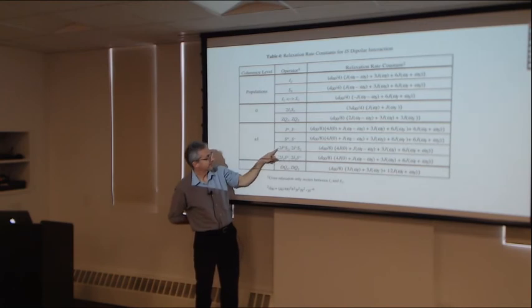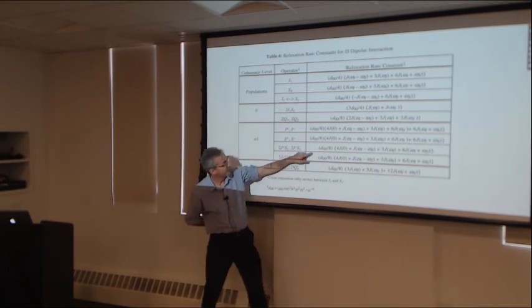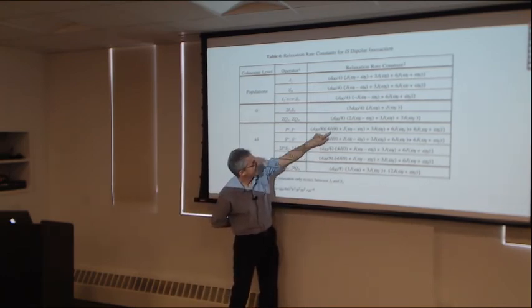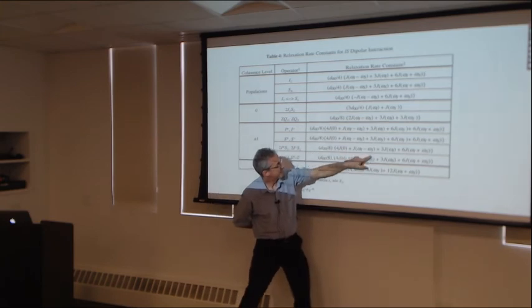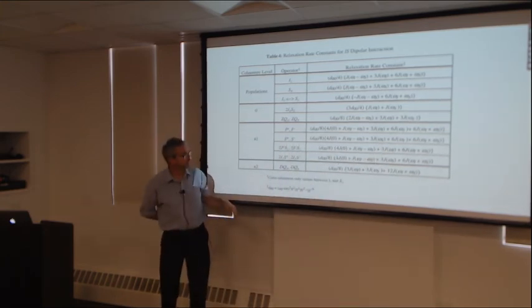Here is relaxation for in-phase transverse magnetization of the I spin. And you can see they're dominated by J0, but there are small differences in the other spectral density functions.